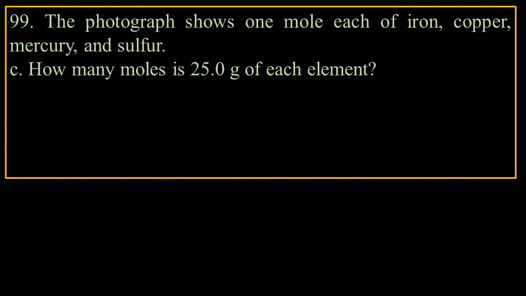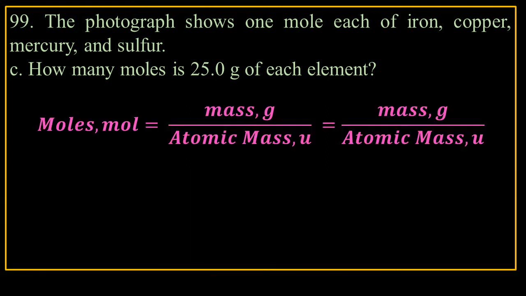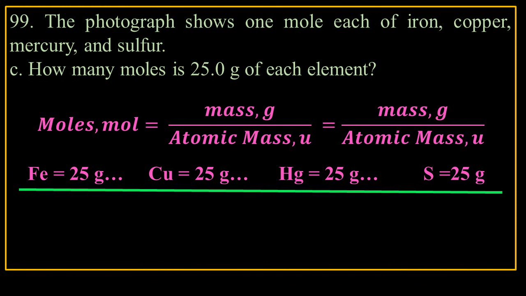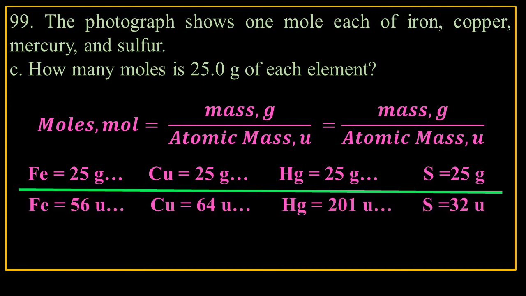How many moles is 25 grams of each element? So it'll be the mass in grams divided by the atomic mass. And so 25, 25, 25, 25 divided by the atomic weight of each, and I think iron is 56, 64, 201, and 32.